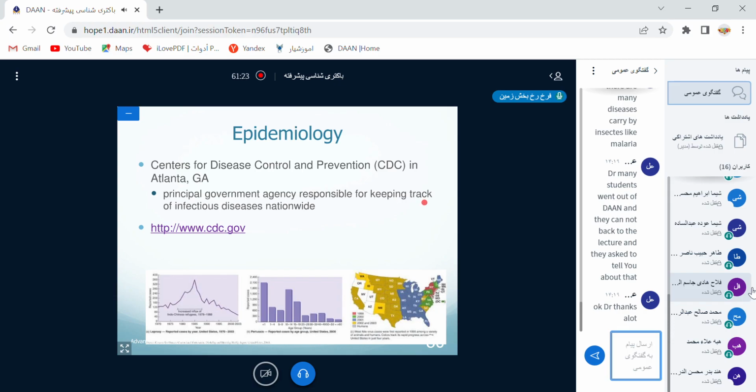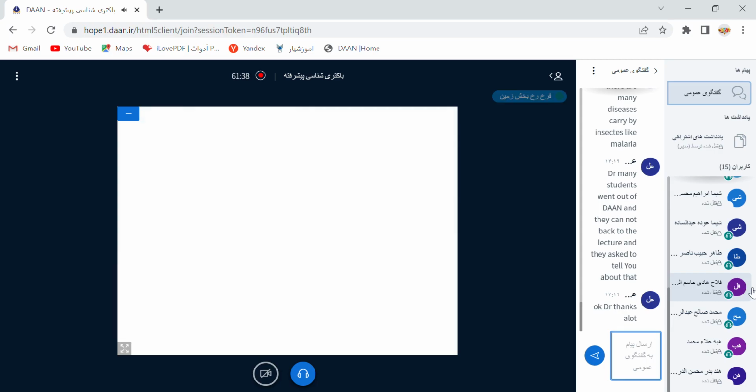It is the principal government agency responsible for tracking, minute to minute, hour to hour, day to day, infectious disease nationwide.